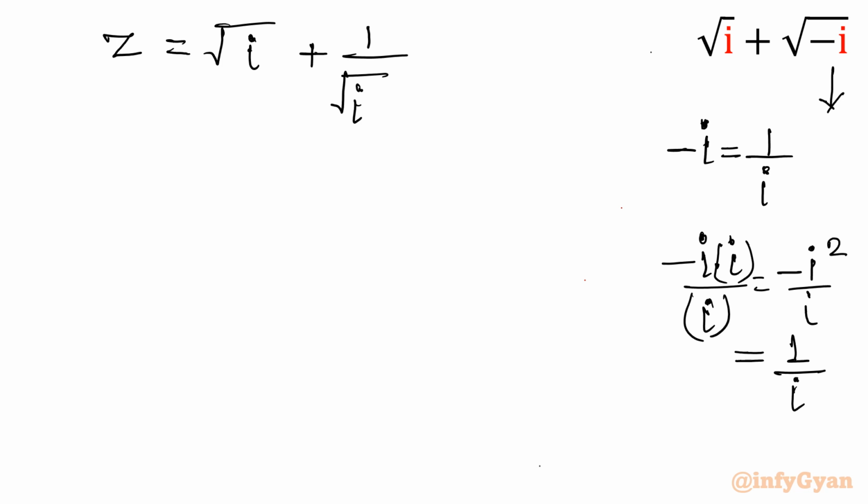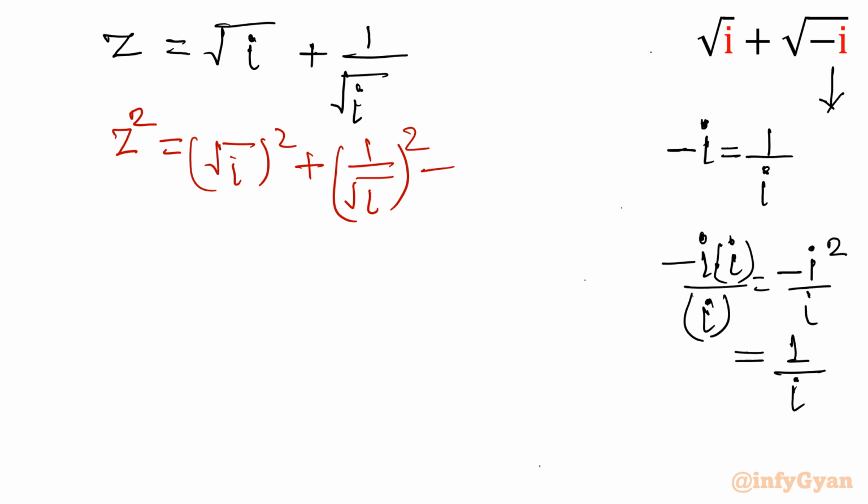So let's take the square. z square will be root i square plus 1 over root i square plus 2. This is what I was saying: 2 times root i into 1 over root i will be cancelled out. So it is i plus 1 over i plus 2. And 1 over i is, as you have written there, minus i.